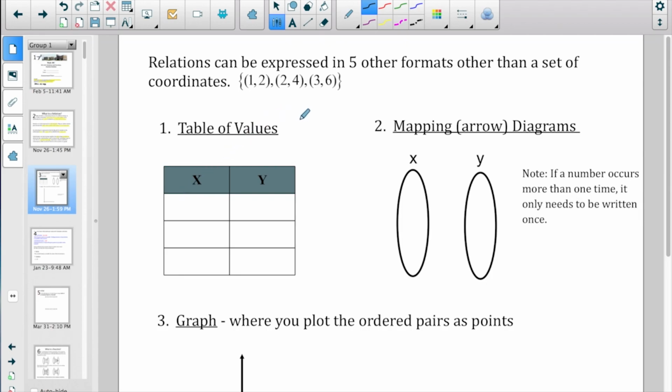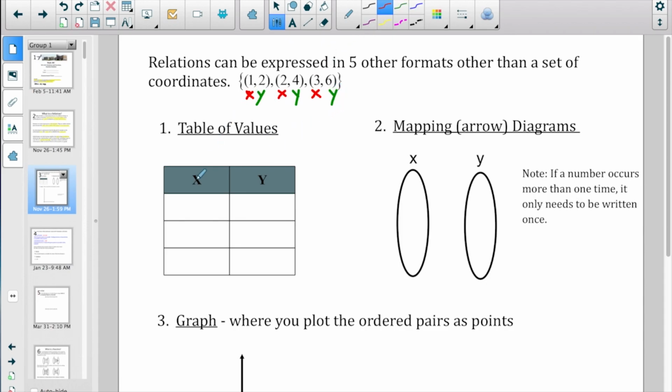The first one is a table of values that you have already talked about in junior high. Looking at each of our ordered pairs, we can identify all of our x values. So 1 is an x value, 2 represents an x value, and then the 3. Then we can identify all of the y values associated with each of those x values.